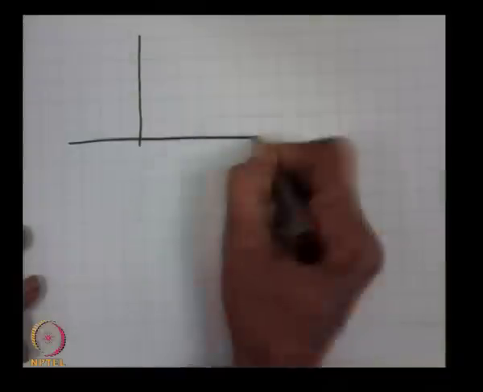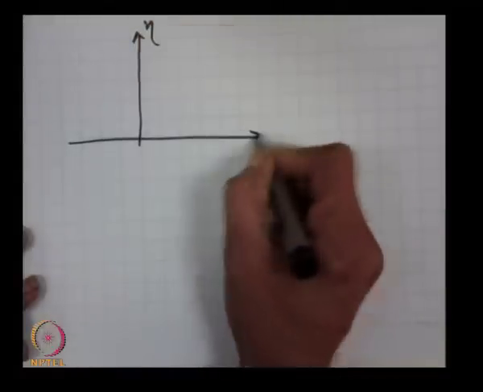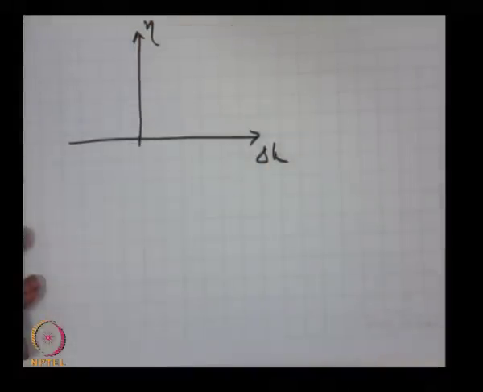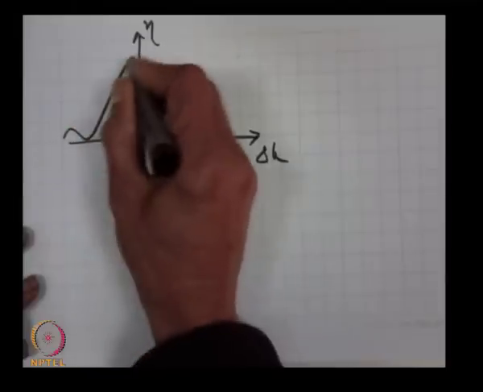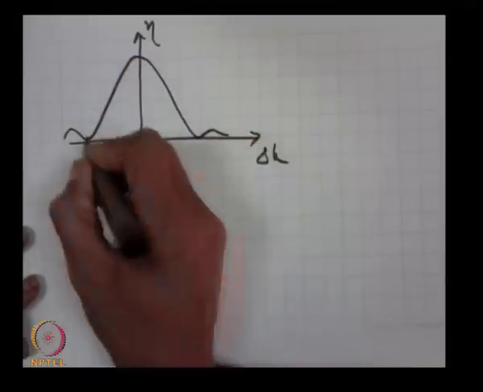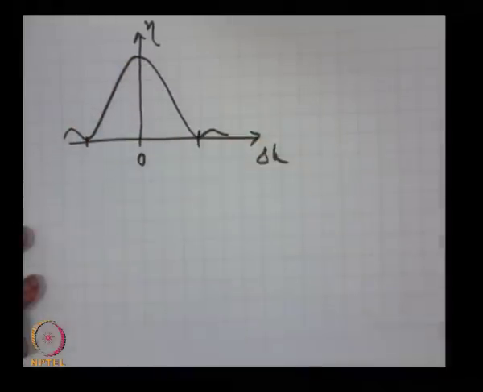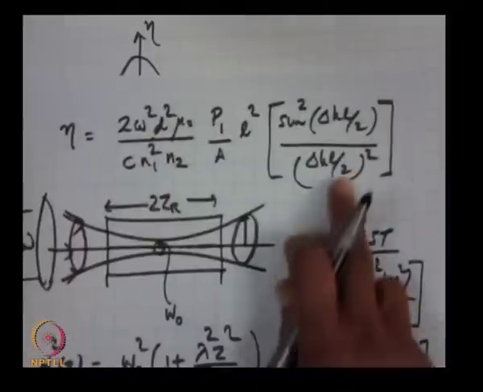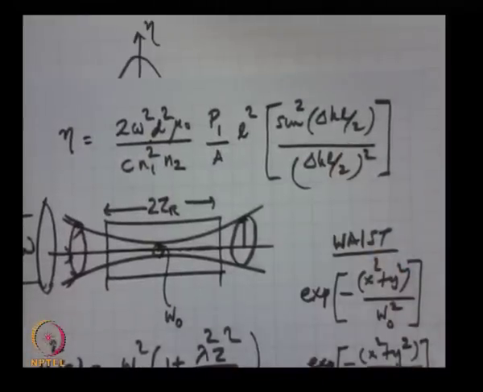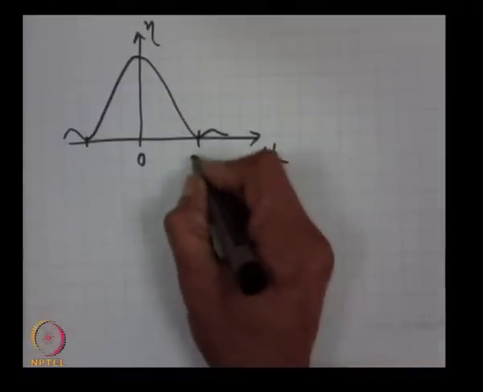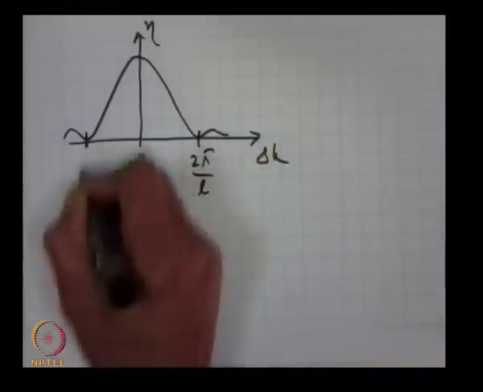So if I plot eta versus delta k, I'll get a sinc function like this. What is the value of delta k where the efficiency goes to 0? Delta k L by 2 is pi, which is 2 pi by L, and this is minus 2 pi by L.